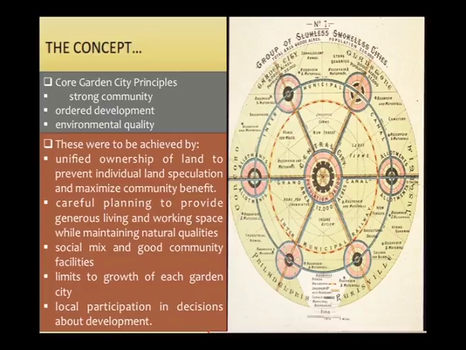So what usually happened was individual garden cities were created and an entire network could be created, such that there would be communication within these garden cities as well as a kind of strong community would come forward.